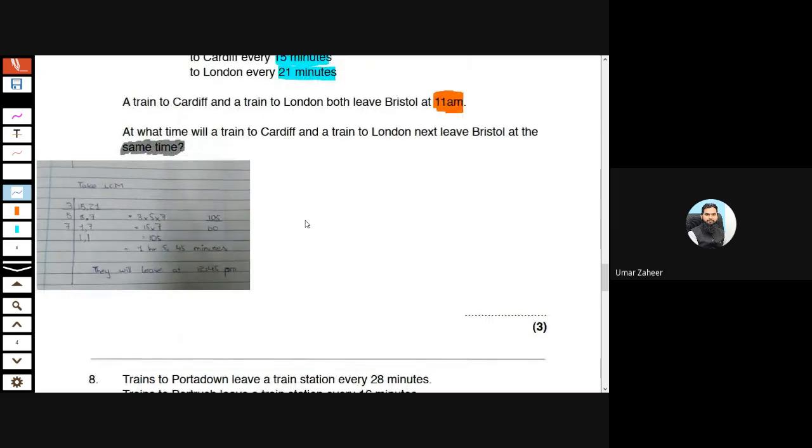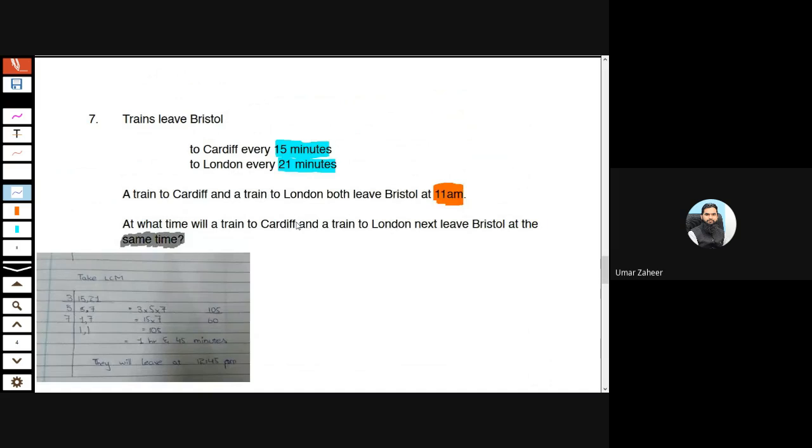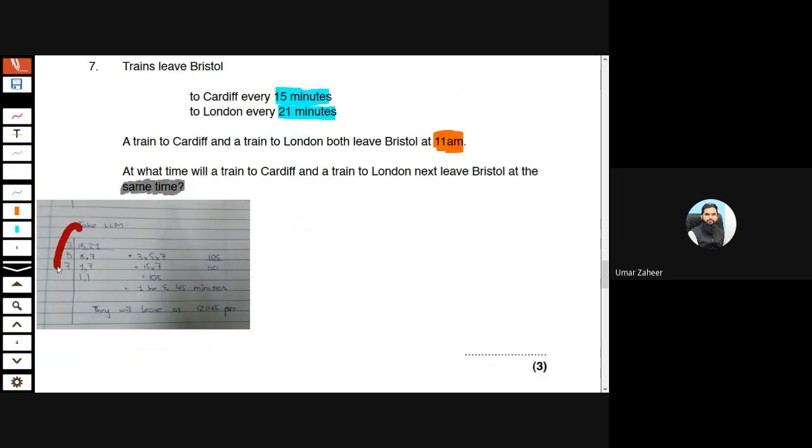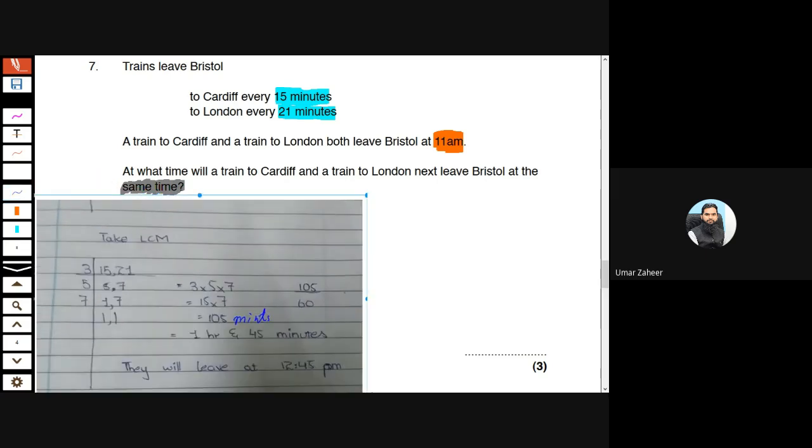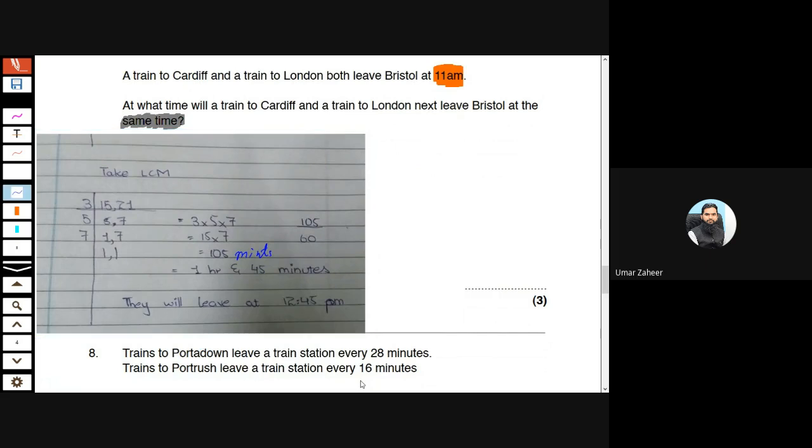Okay, in this one, I will explain it to you. Basically, you have the times 15 and 20 minutes. So first of all, you have to find the LCM. You will get the LCM, which is 105 minutes. Now you have to convert the minutes into hours. So 105 is 1 multiplied by 60 plus 45 minutes left, so 105 minutes is converted into 1 hour and 45 minutes.